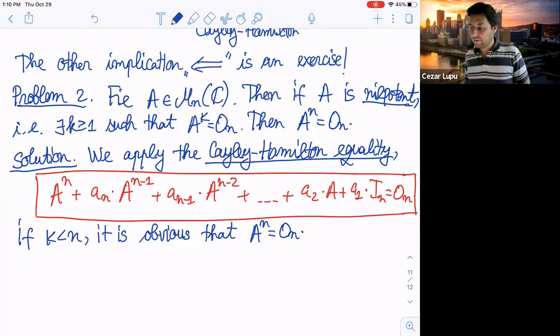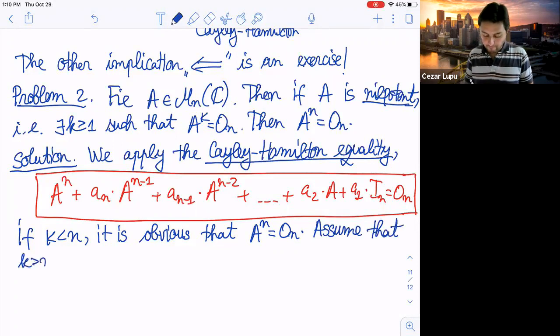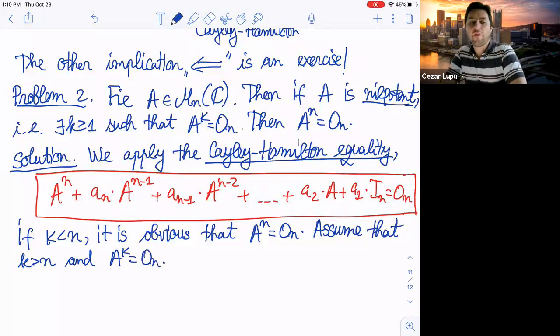But now assume that k is greater than n, and we want to show that if A to the k is 0, then A to the n is 0. So what are we going to do?